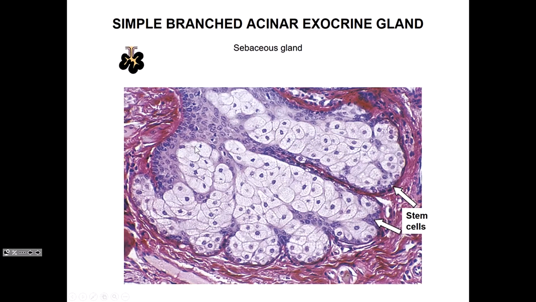Okay, sebaceous gland. Simple because the duct is unbranched, although we can't see the duct here. And the acinar portion, the secretory portion, is acinar. So it's simple, branched acinar. Here's the acinus. And because this is a sebaceous gland, the entire cell is released as part of its secretory mechanism. So this is an example of holocrine secretion. The whole cell is secreted.